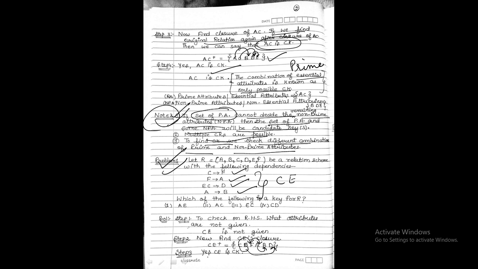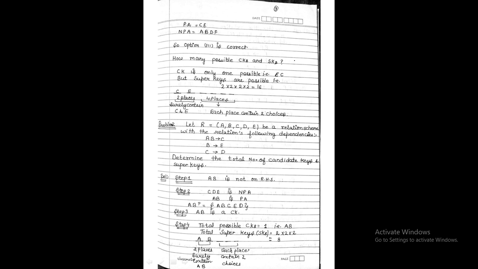So that's why CE is a candidate key. In this question, the prime attributes are CE, and the non-prime attributes are A, B, D, F.